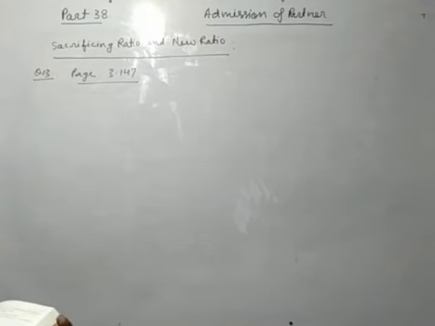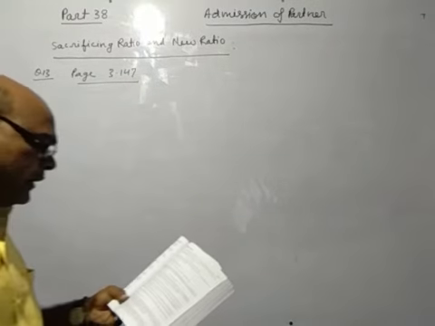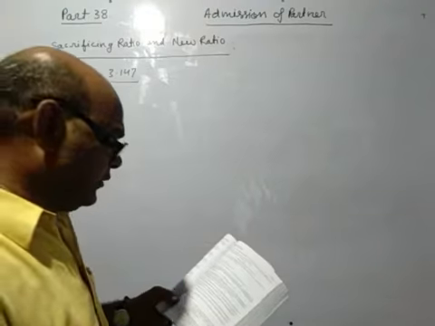A, B, C and D are in partnership, sharing profit and loss in the ratio 36, 24, 20, 20.